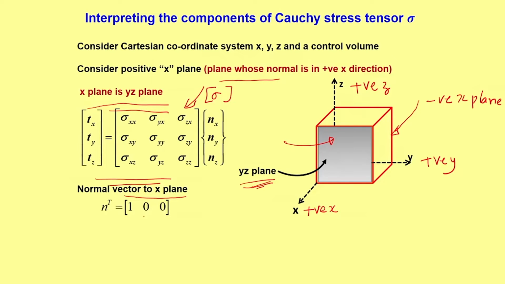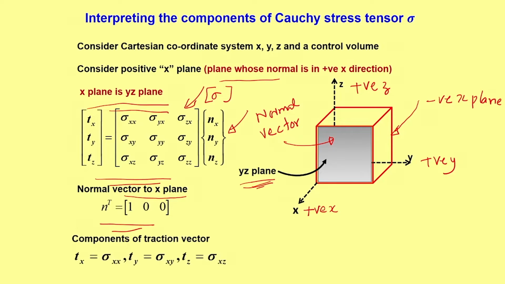So, you can easily write what is the normal vector. So, for x direction it is 1 0 0. So, n transpose is given in this manner, and similarly for y it will be 0 1 0, and for z it is 0 0 1. So, normal vector to x plane is defined.